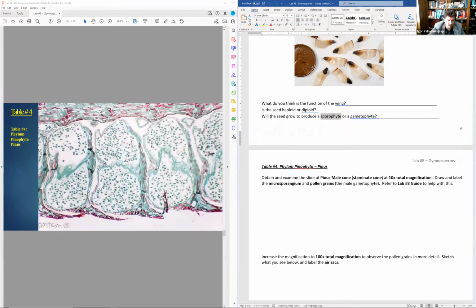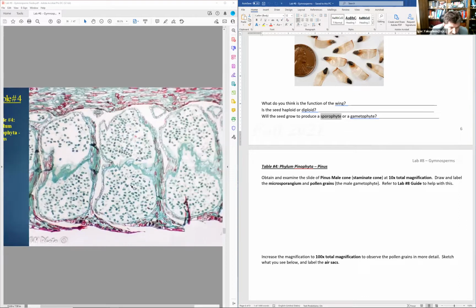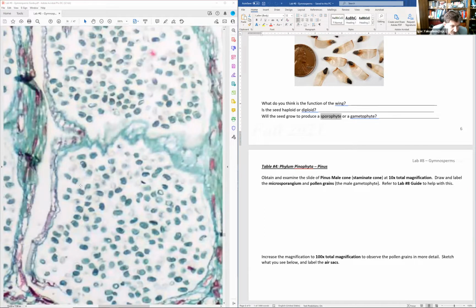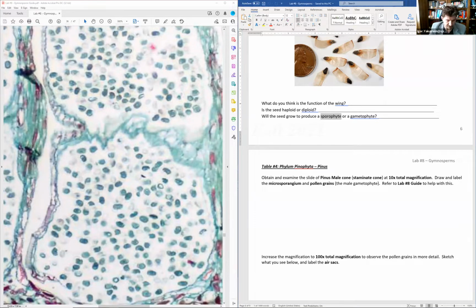The pollen grain, in some cases, you can actually see if you increase the magnification nicely. Let me find a nice one somewhere.